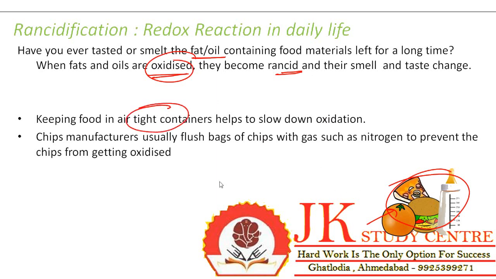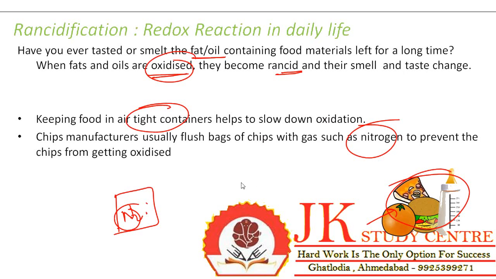Also if you see the chips which you get, Uncle Chips and Lay's and all the chips, they are packed in a wrapper and they are all airtight. Inside that they put some nitrogen so that the chips don't come in contact with oxygen, and this prevents them from getting oxidized. Because if it's oxidized, it gets spoiled.